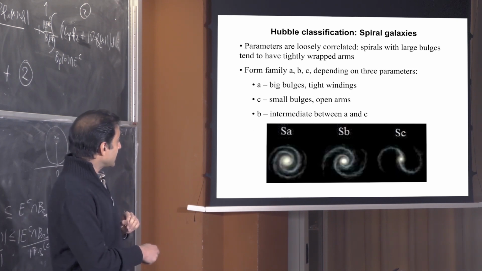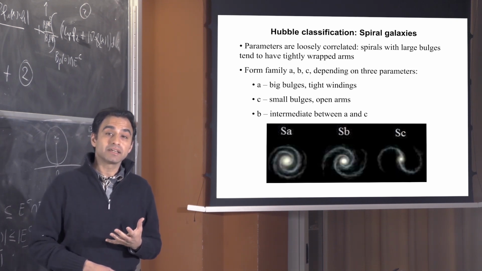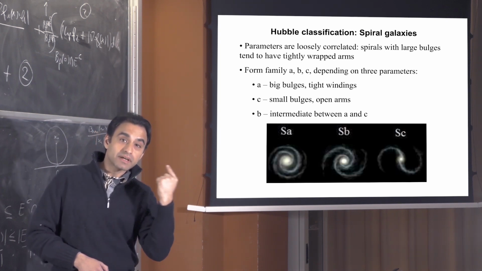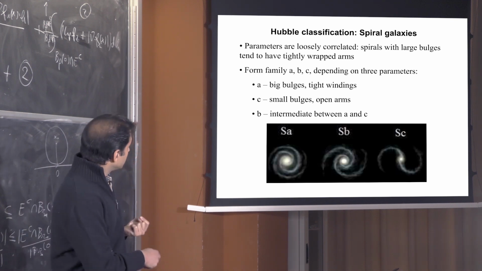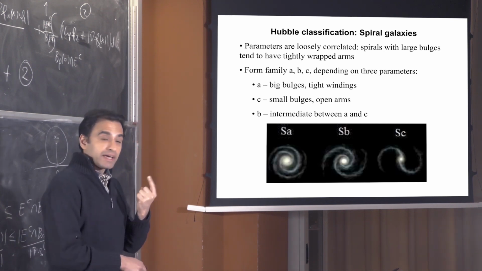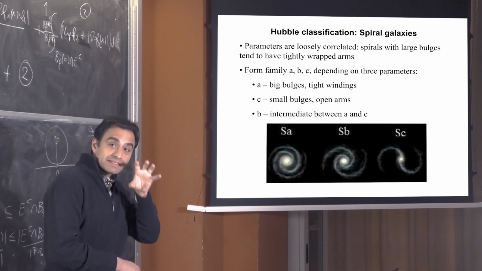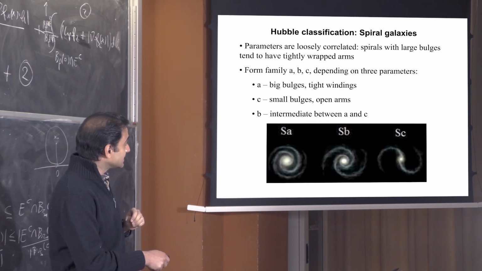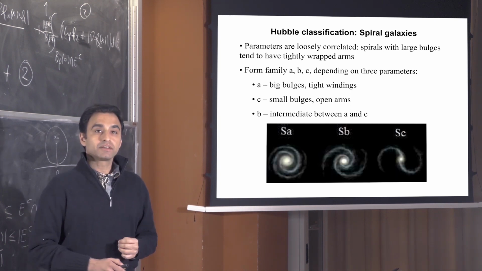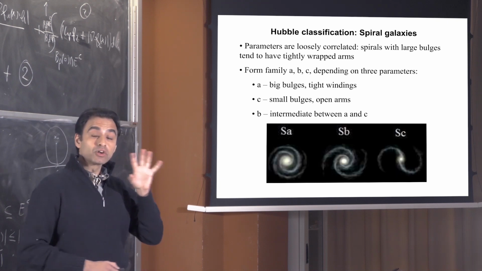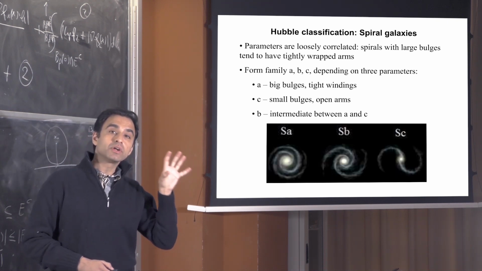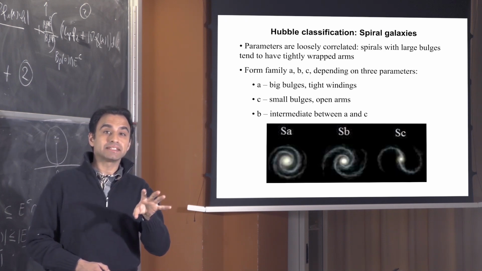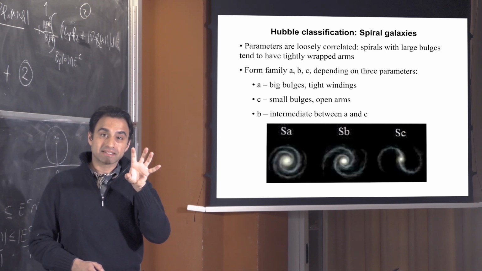So the Sa galaxies are usually characterized by spiral arms that are more tightly wound around the nucleus. And usually, on top of that, their central stellar bulge is also larger than in an Sc galaxy. So let's have a closer look at how we define spiral galaxies labeled Sa and Sc.